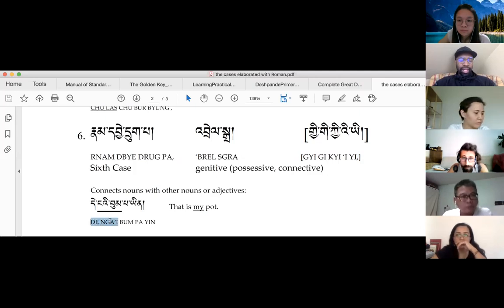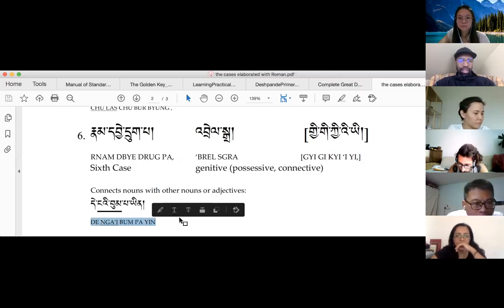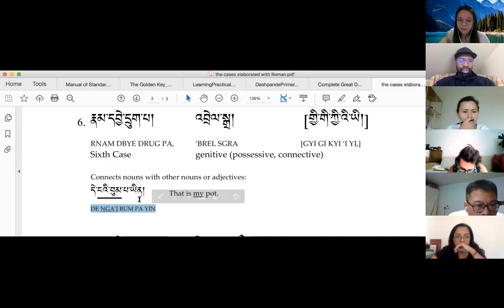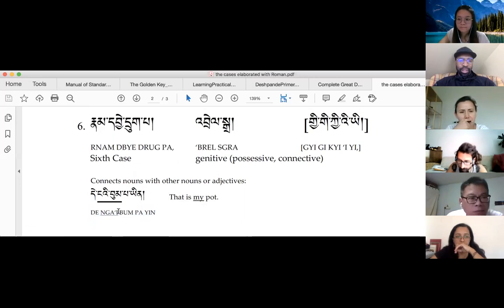Okay, so te nge pompa yin. That's my pot. This is the agiku I. Okay. And again, it goes before the object in this case.